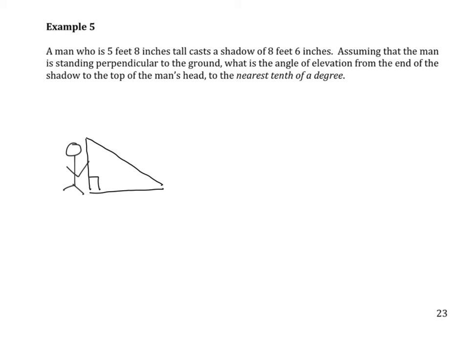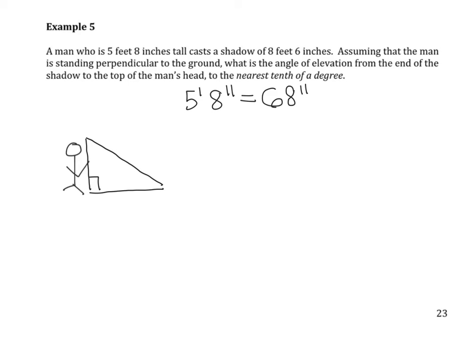So I'm going to change 5 foot 8 inches to all one unit. So I'm going to make it all in terms of inches. So 5 foot 8 inches is equal to 68 inches. We know that it's 12 inches per foot. So 5 times 12 is 60, plus the 8 inches equals 68 inches.